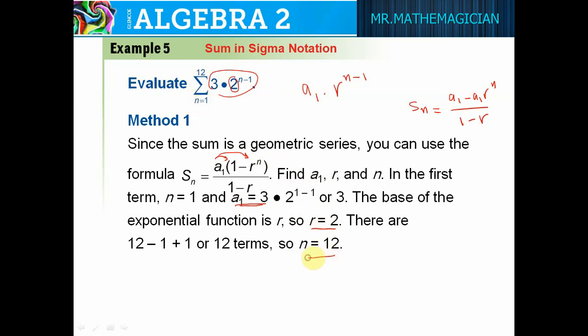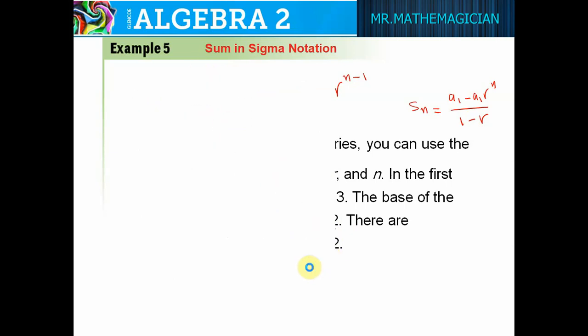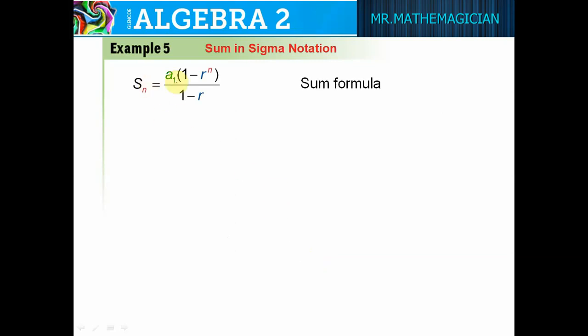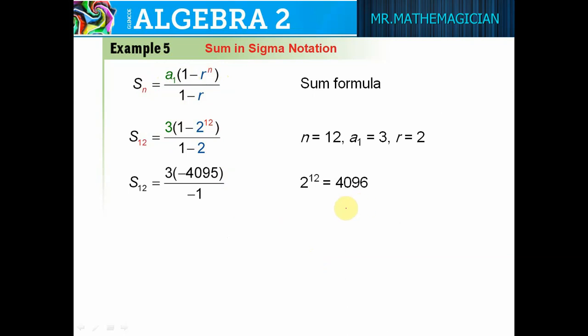They are 12 terms. Now we can use the rule: A1 times 1 minus R to the power of n over 1 minus R. Substitute A1 as 3, R as 2 and the power as 12. Evaluate using a calculator. The sum of the first 12 terms will be 12,285.